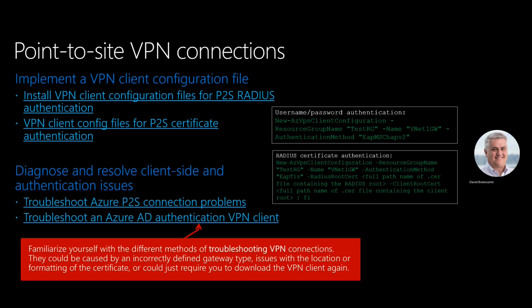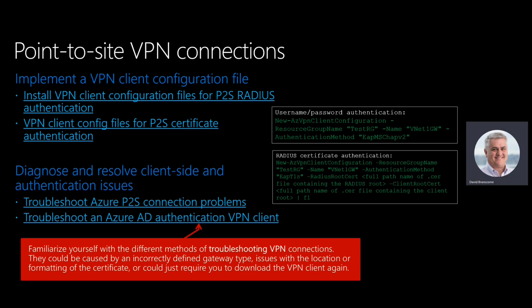Continuing on with the point-to-site VPN connection discussion. If you want to connect to a virtual network over point-to-site VPN connections, you need to configure the client device that you'll be connecting from. So you can create point-to-site VPN connections from Windows machines, from Mac OS machines, and Linux client devices.